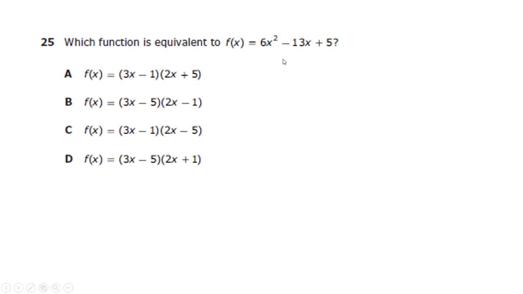Since they gave us the solution to multiplying binomials, what we want to do is draw a box next to each answer choice and see if we multiply them together, we get what we started with. That is my only hint for this question. Hopefully you know what I'm talking about. You can pause it and work them out.